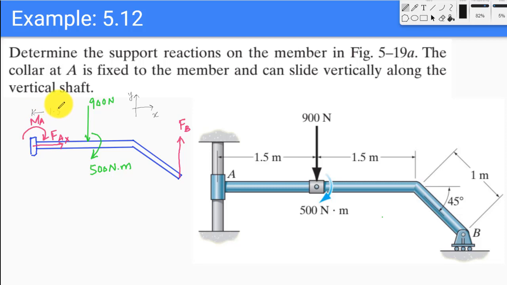So this is 1.5 meters, and this again is 1.5 meters to this point, and this angle is 45 degrees, and this distance is 1 meter. So this completes our free body diagram.